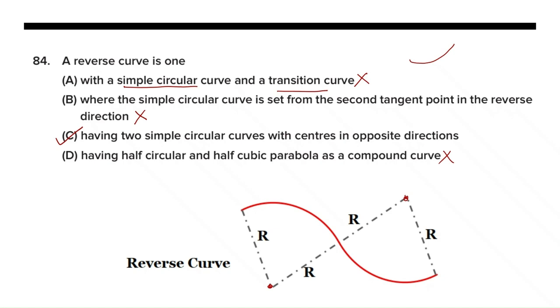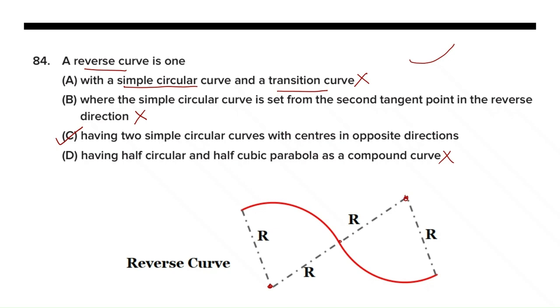A reverse curve consists of two arcs that curve in opposite directions, connected at a common tangent point. It looks like an S shape, and the centers of the arcs lie in opposite directions.